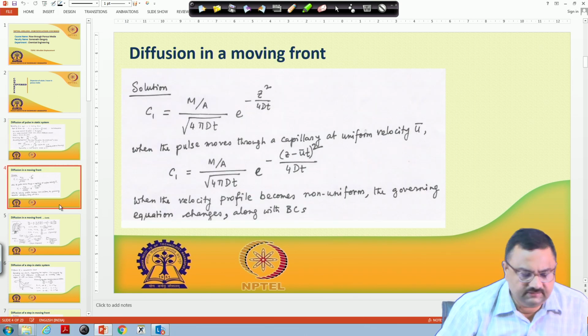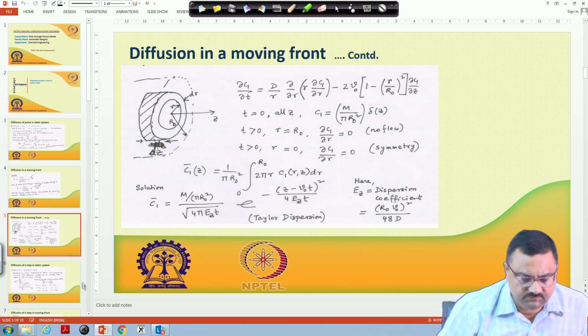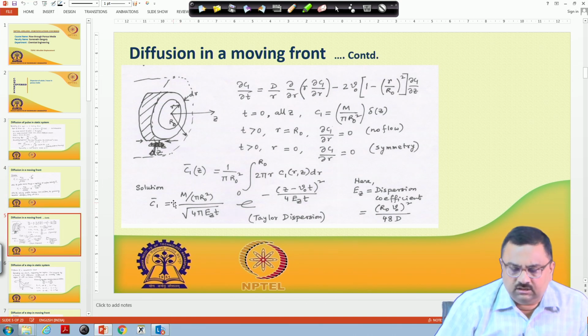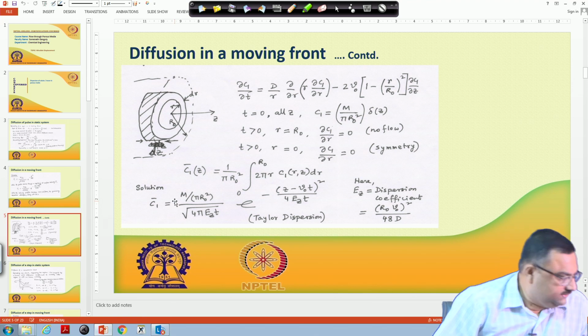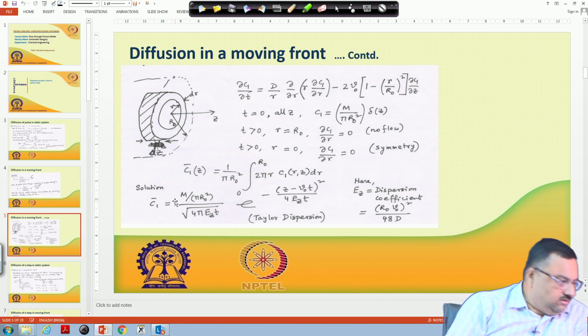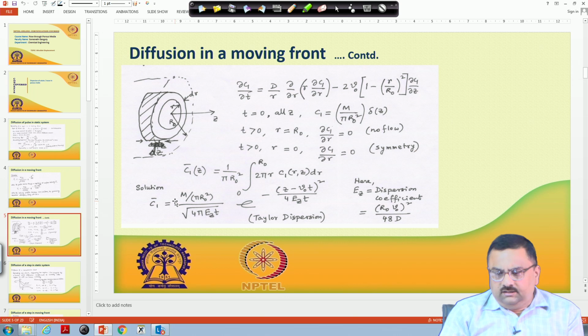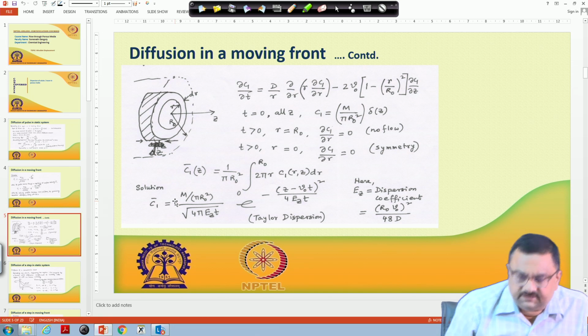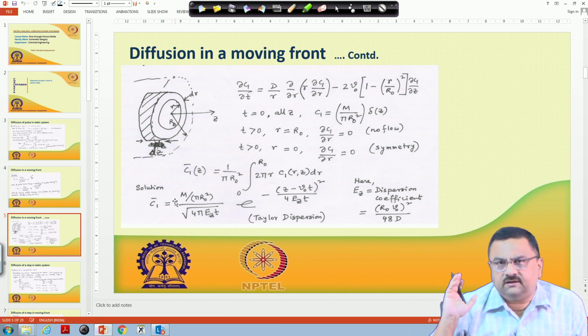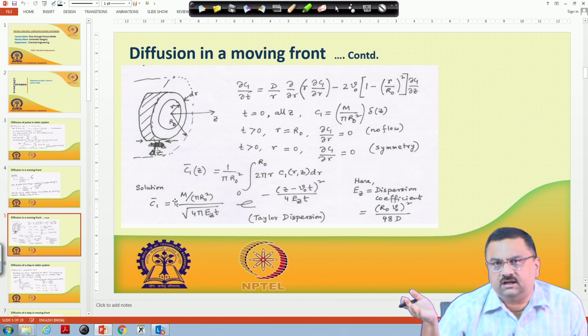This is C1, okay, this is just simple C1. C1 bar is here. C1 bar is a function of the concentration decreases. I'm still not quite convinced. You must understand the effect of why the dispersion coefficient, how it relates to.